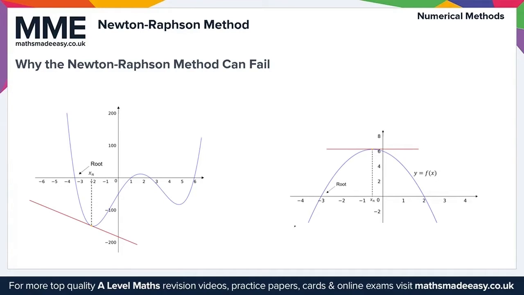If we recall our Newton-Raphson formula, that's x_{n+1} is equal to x_n minus f of x_n divided by f prime of x_n. Now, if we recall this diagram, why is this an issue? Well, this gradient is equal to 0.